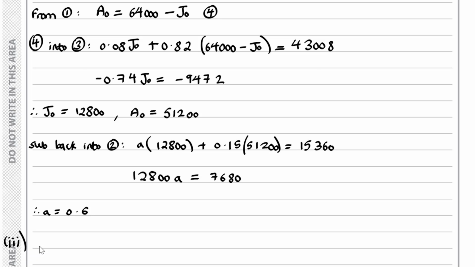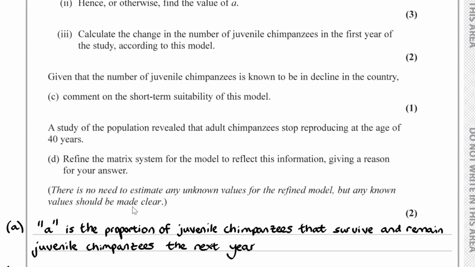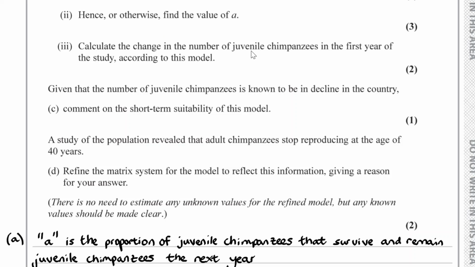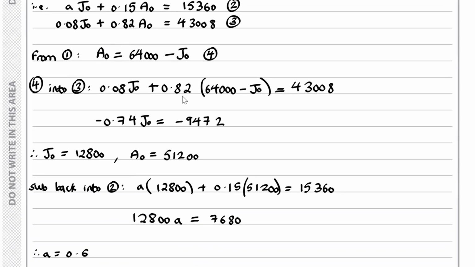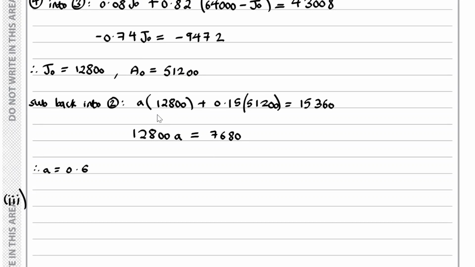And now for the third part, we have to calculate the change in the number of juvenile chimpanzees in the first year of the study according to the model. Well, we already know that J0, the initial number of juvenile chimpanzees in the population, is 12,800.